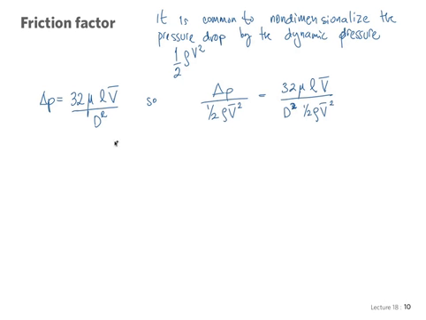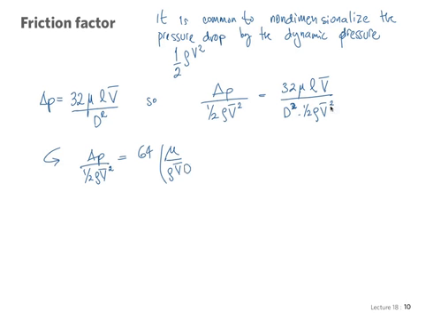and that gives us delta P over 1/2 rho v squared is equal to 64, 32 times 2, and we're going to reorganize these things a little bit. We have mu, we have a rho over here, and I have a v squared, so I'm going to write those here, mu, rho, just one v I'm going to use here. I'm going to have one d, right?